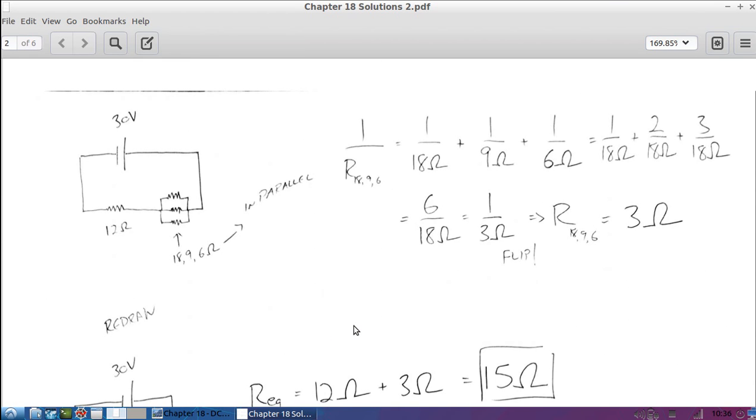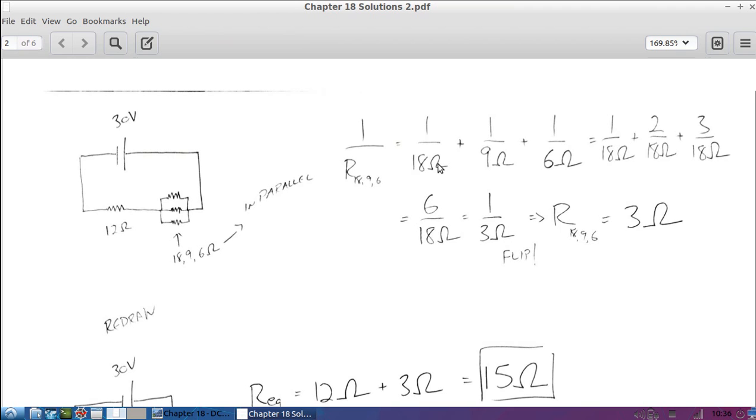So I take the 18, the 9, and the 6 that are in parallel, and I add them up. So I have to use my reciprocal rule because they're in parallel. So they're nice denominators here, right? I don't really have too much trouble finding a common denominator in this case, especially when I'm adding more than two fractions together. You know, I like to do it this way.